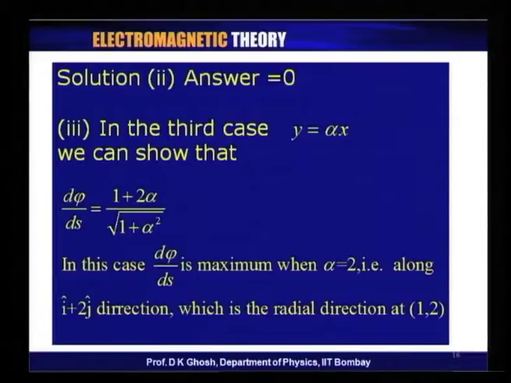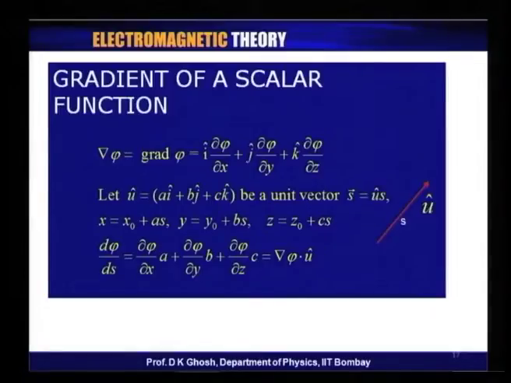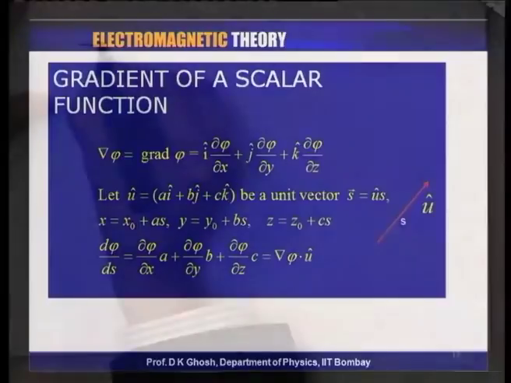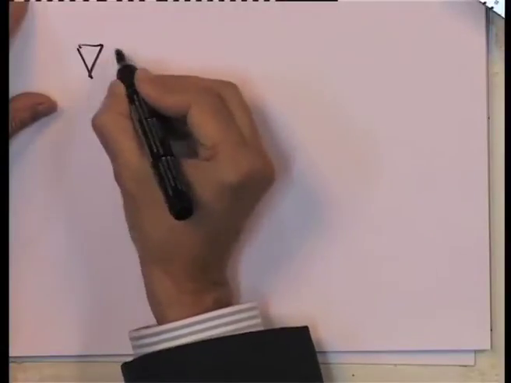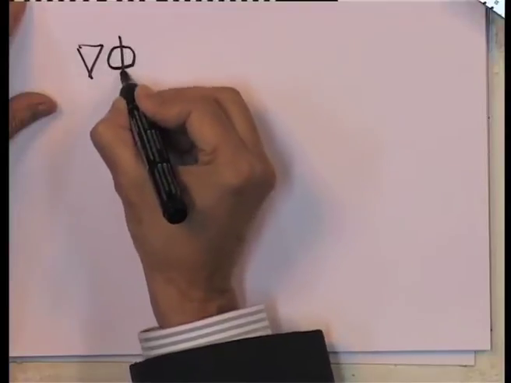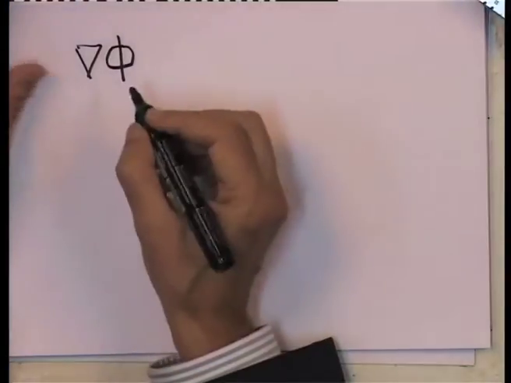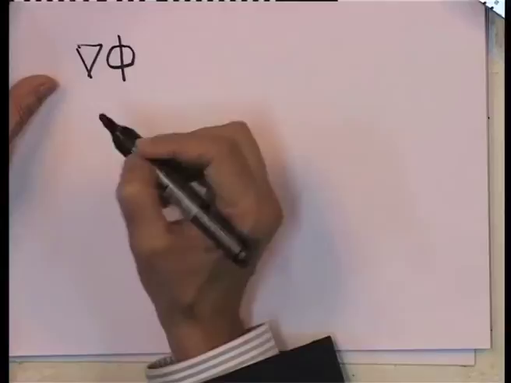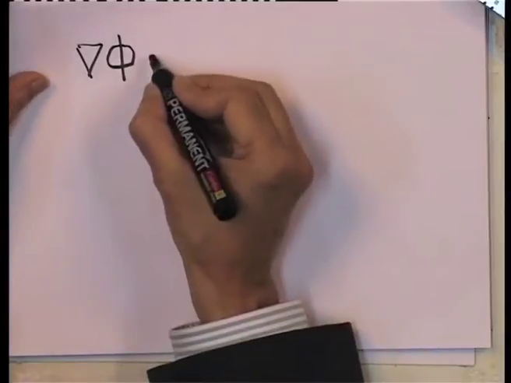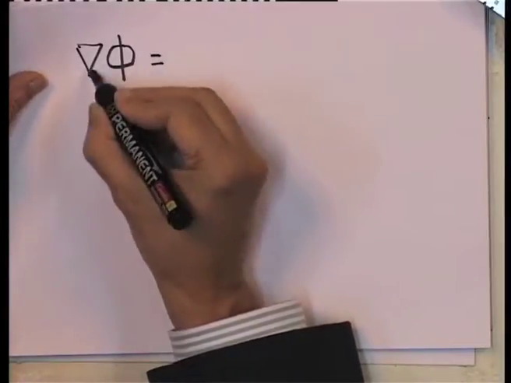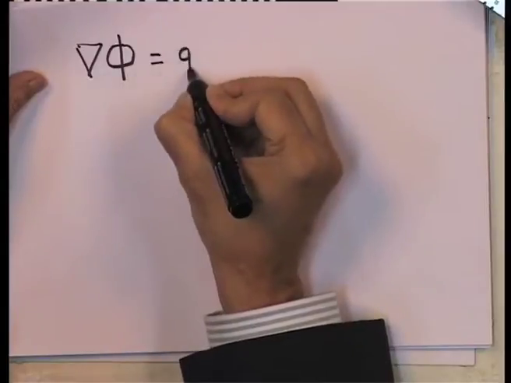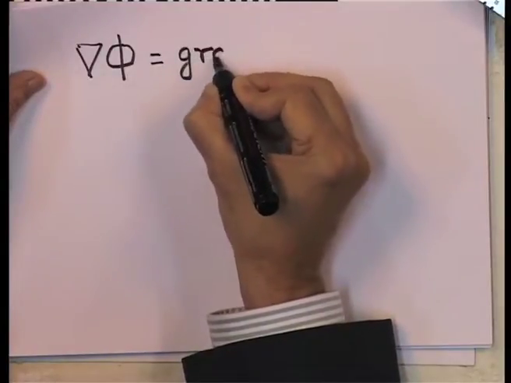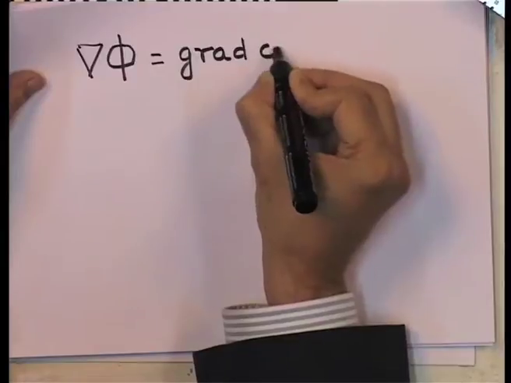Now, let me define what is meant by the gradient of a function. This gradient is written using a symbol which is called grad. It is an inverted triangle like thing. We also call it del phi, and sometimes write it in words as grad phi.